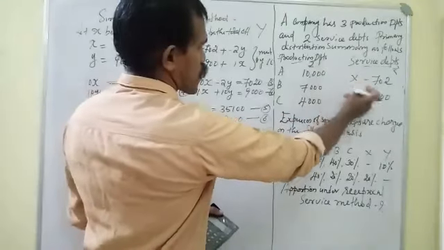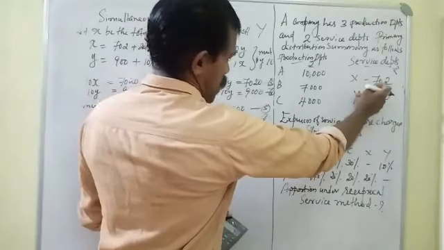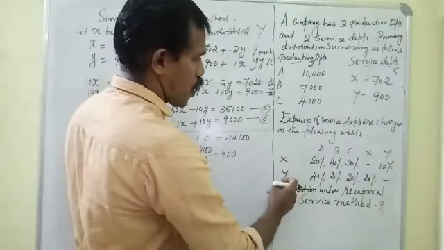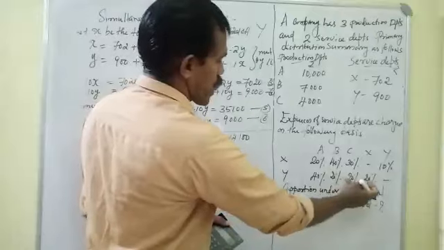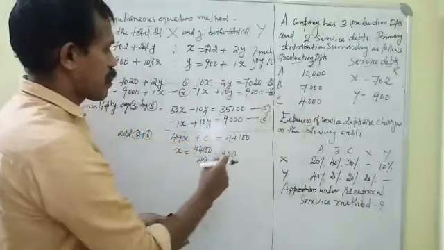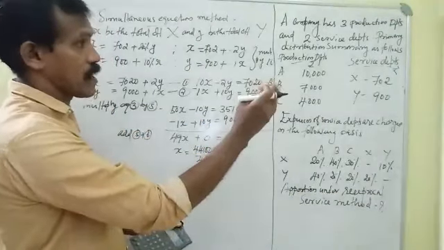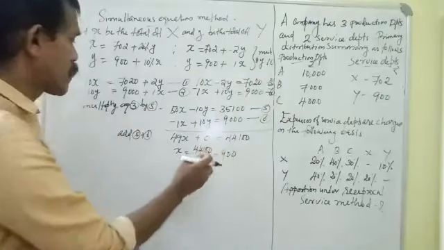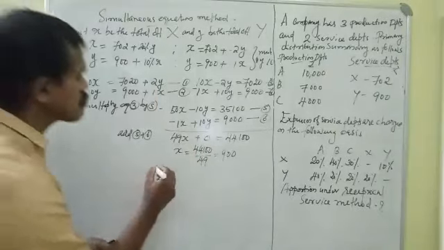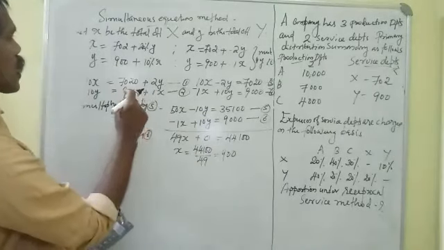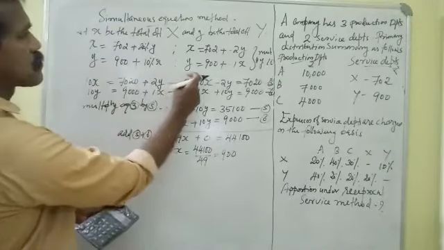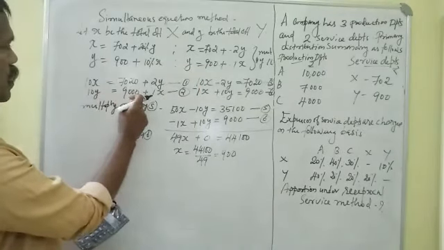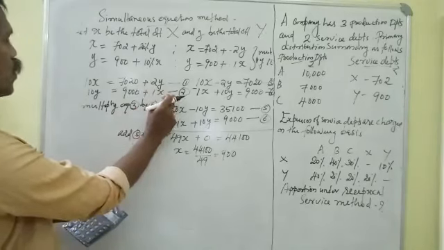So the total overhead of x is 900 after getting the 20% from y. The primary distribution table shows x's overhead is equal to 702. Then x gets 20% of the overhead of y. So that amount comes to the total overhead of x increased from 702 to 900. Then we find out the y. For getting this y, we substitute the value of x in equation number 2.